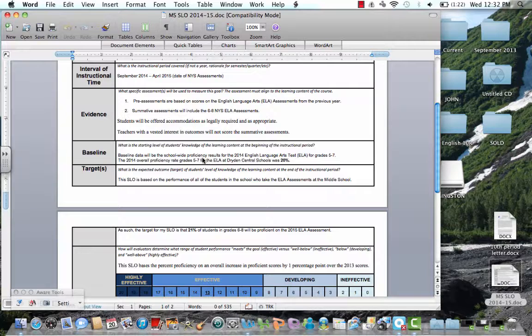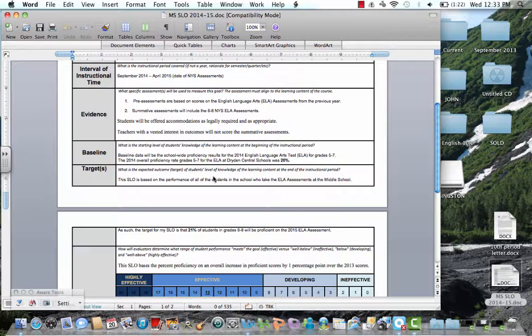in that growth. Overall proficiency for this year, for 2014, that just came out, for 5-7 Dryden District ELA was 20%. If that's our baseline starting point of where the students are as they enter next year, our target then therefore would be where do we expect them to be based on our instructional period and the learning content delivered.